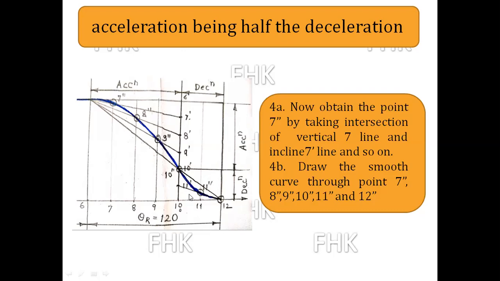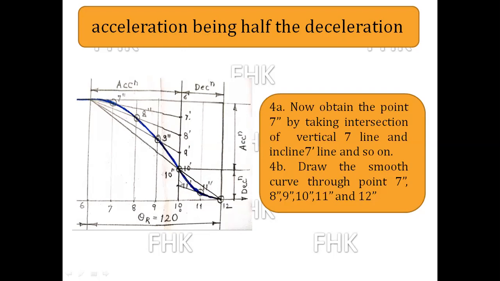Here you can understand, when acceleration is not uniform with the deceleration, when acceleration is half the deceleration, the curve is not uniform, or the curve is not symmetric. Okay, this is not a symmetric curve. And why? Because acceleration is half the retardation.